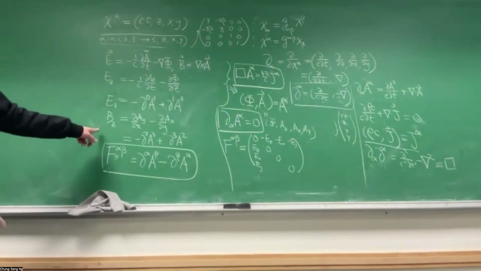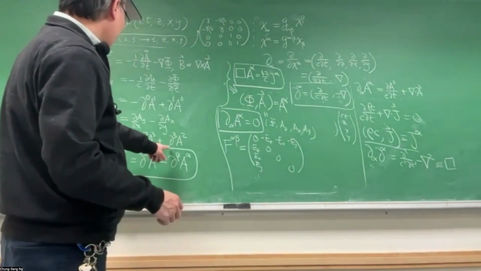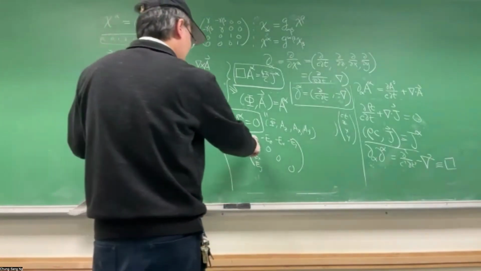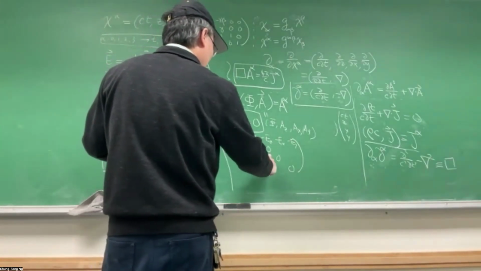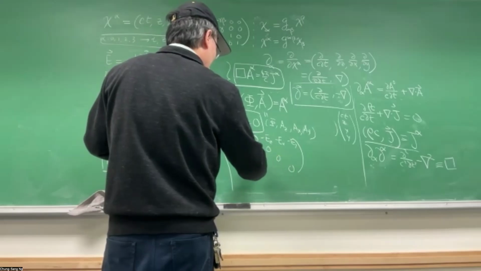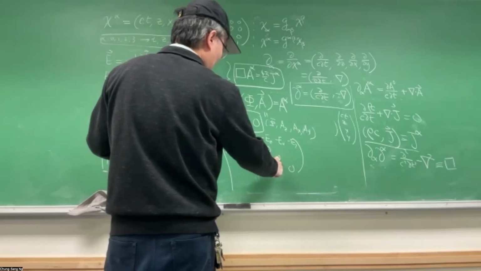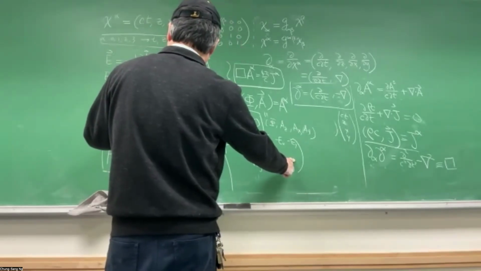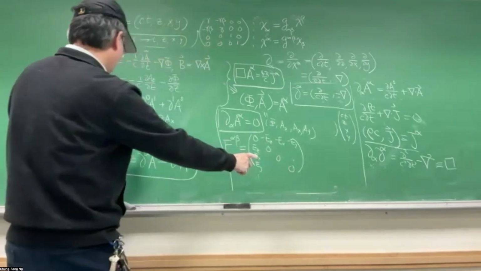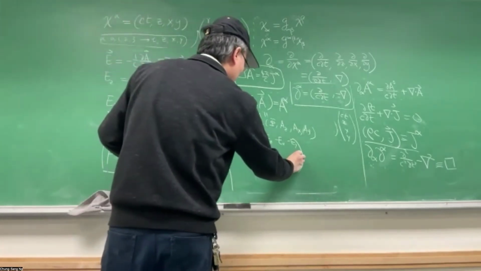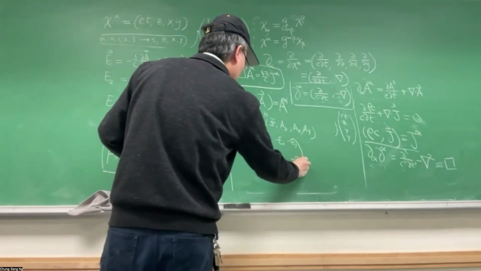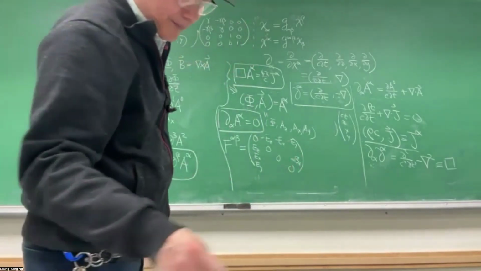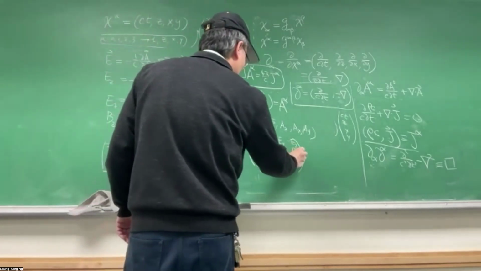Okay, now the rest you need a little bit of thinking. So the 2, 3 component, which is the 3 component, this is BC. 2, 3, actually negative BC. Okay, and the rest you can figure out the same way.